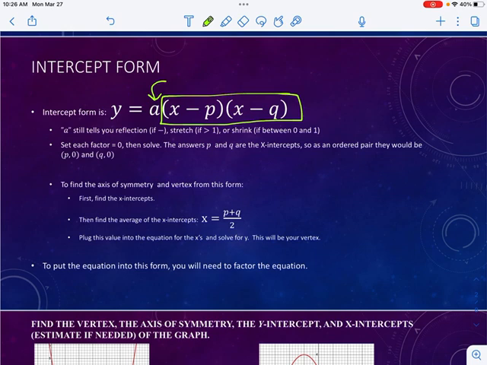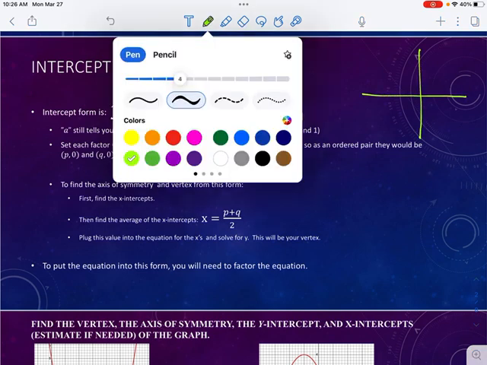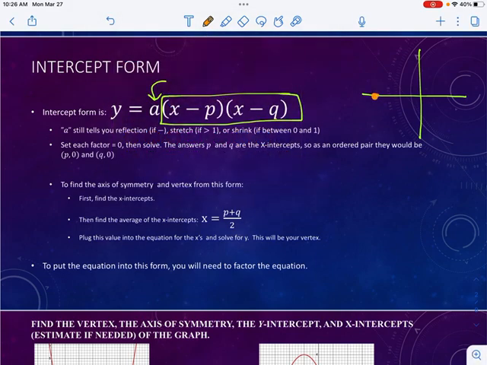Once you have P and Q, we would have 2 points, let's just say here and here. When I look for the axis of symmetry, if these 2 points are on the x-axis, they have to map onto each other.